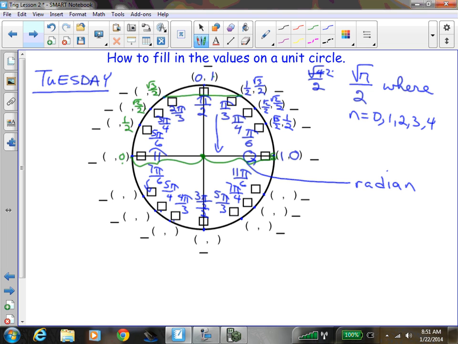And so that just means that the number it goes for x here is the opposite of the number that's there. So this is negative root 3 over 2 here. This is negative root 2 over 2 here. And this is negative 1/2 there. Okay? Does it make sense that way at all?